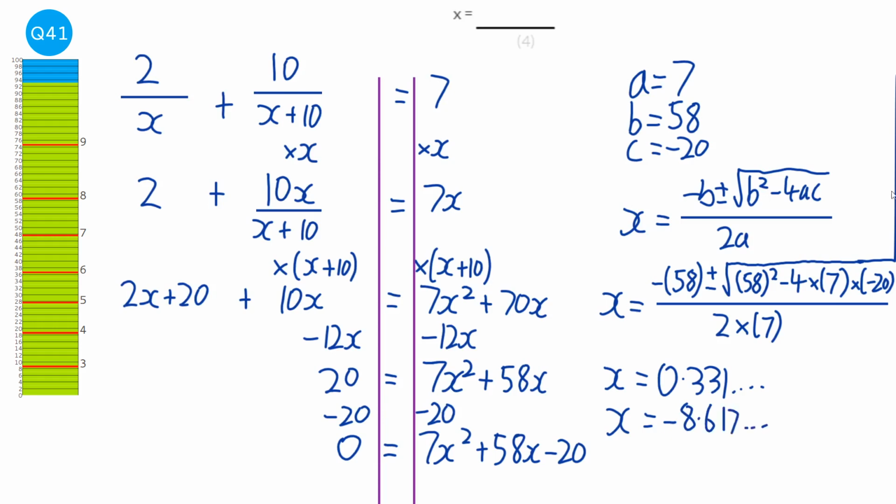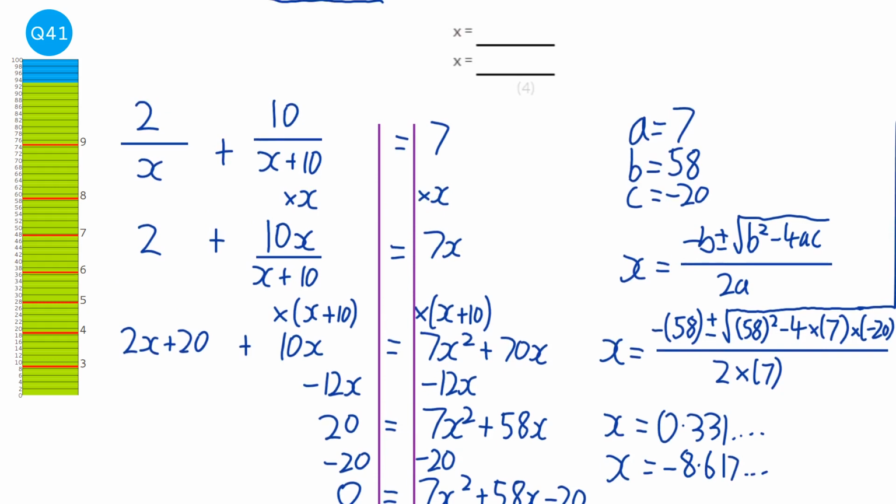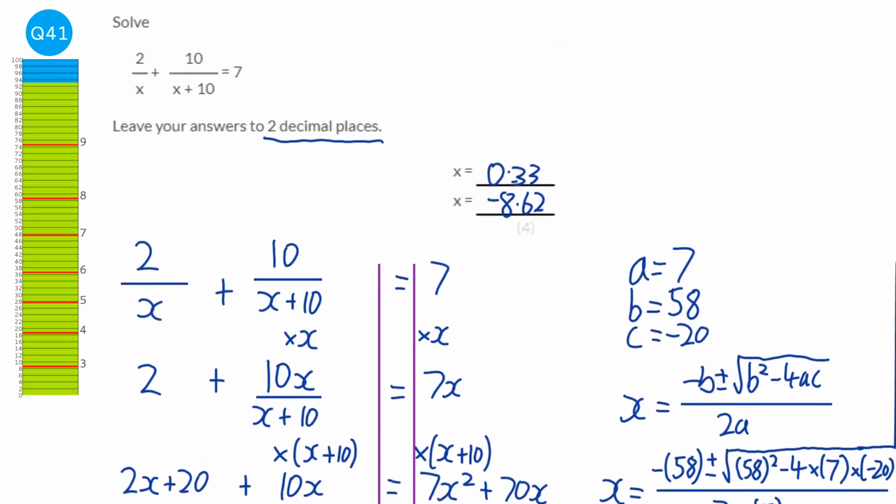Rounded too early there. And then when you round those, you should get 0.33 to 2 decimal places, and the other one will be minus 8.62 to 2 decimal places.